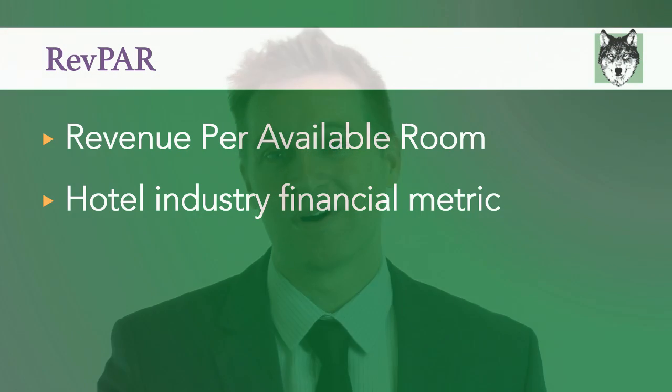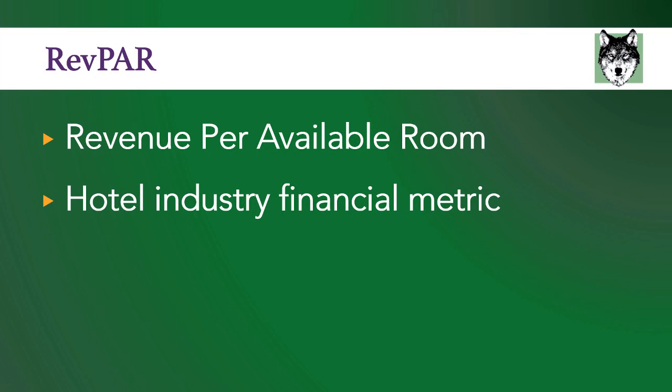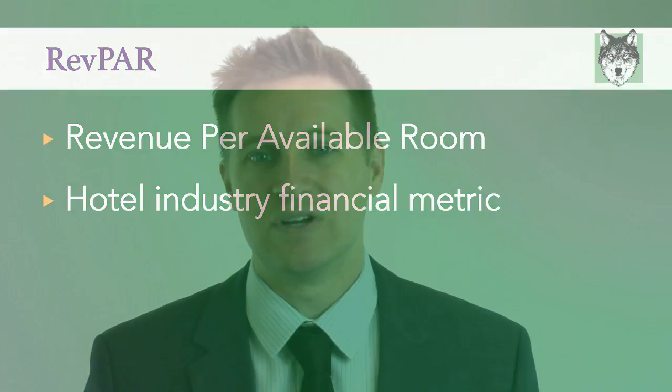So if you were to go out and read the annual financial report for any hotel company out there, what you'll find is that their most important financial metric is something called RevPAR. And that stands for revenue per available room. And so since hotel properties can't increase or decrease the number of rooms they have, what they can control is the type of revenue and the amount of revenue they bring in per available room.